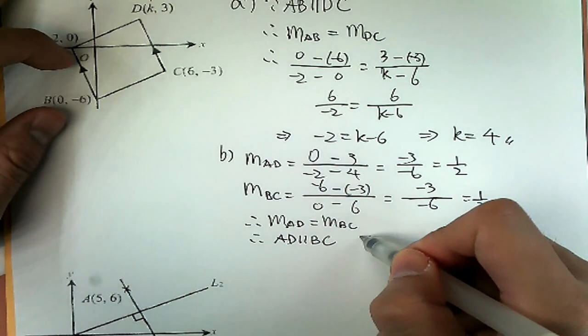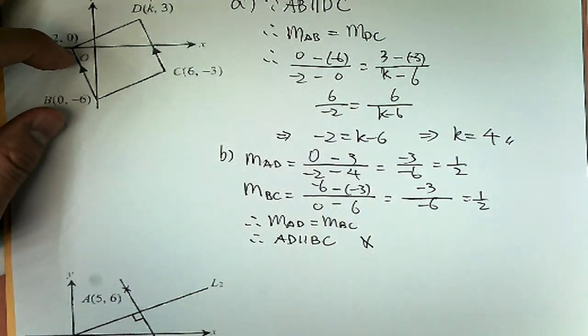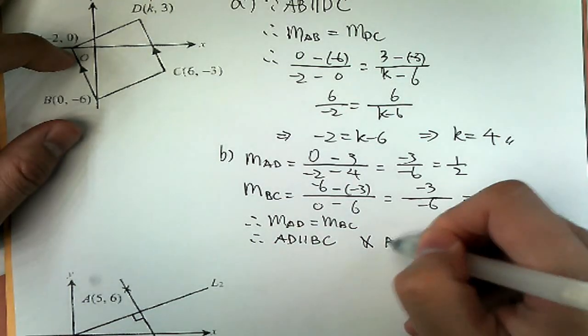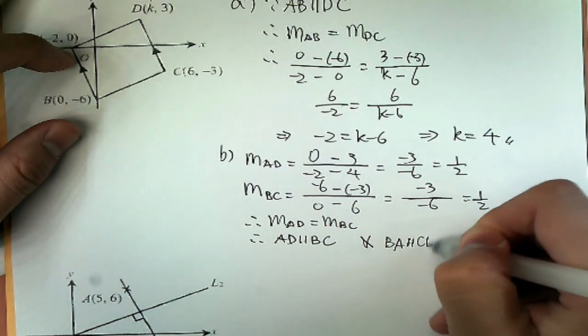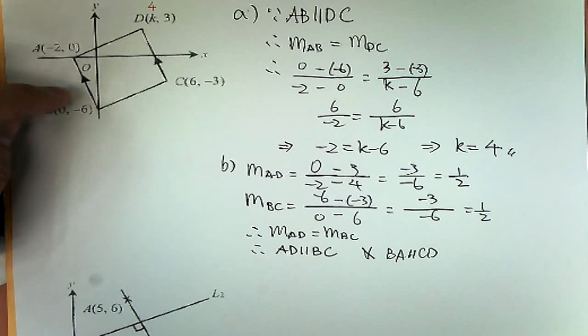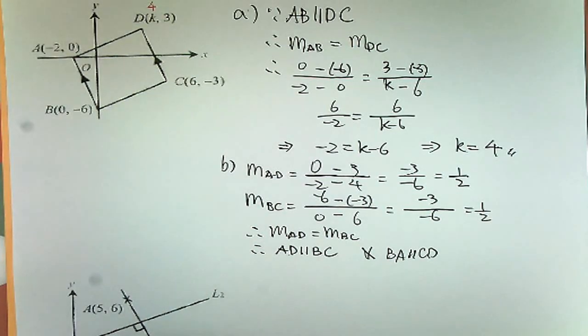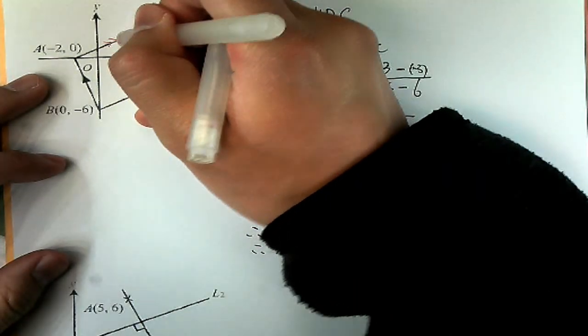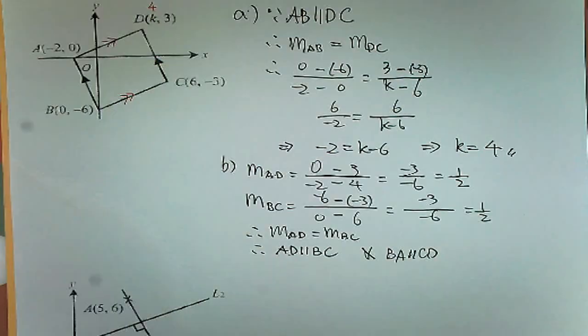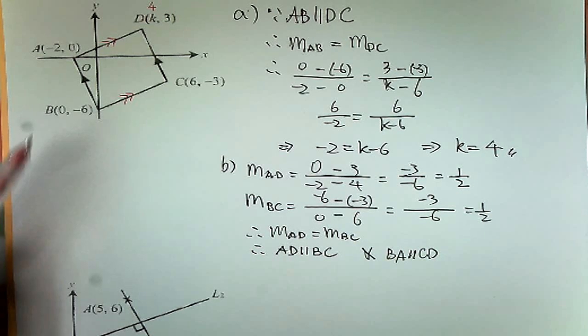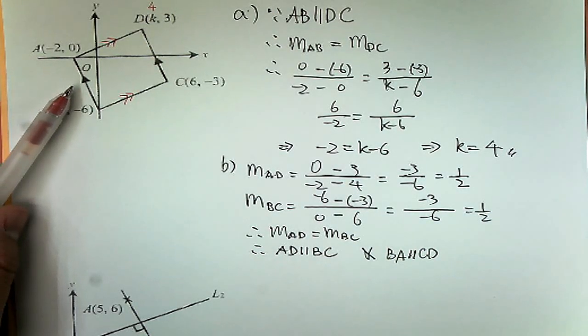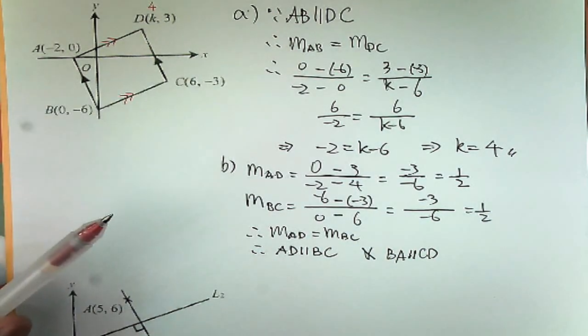Plus, you are already given BA parallel to CD. So you have two pairs of sides that are parallel, meaning that you have now proved these two sides to be parallel, and this pair of sides is already given parallel, right?